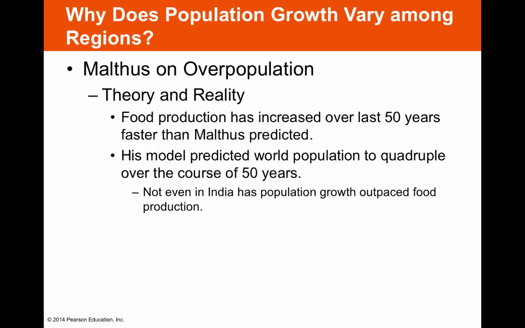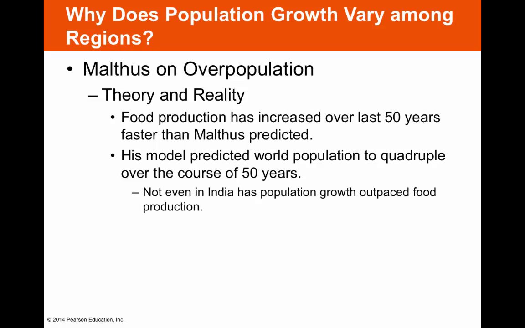And the reality is that food production has increased over the last 50 years, and it's been faster than Malthus predicted. And his model predicted that the world population would quadruple over the course of 50 years. And even in India, where the population is huge, it hasn't outpaced food production. So what Malthus didn't realize is that we would have so many technological advances in food production, and that we would be able to keep food production at pace with population growth.